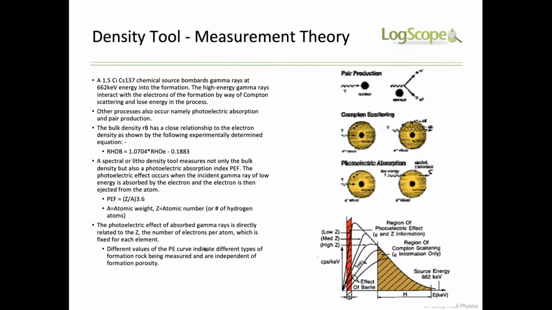Okay, here's the density theory of measurement. It actually measures the electron density, and using certain coefficients you can actually calculate the actual density of the rock. The atomic weight and the atomic number is used to calculate the photoelectric effect.